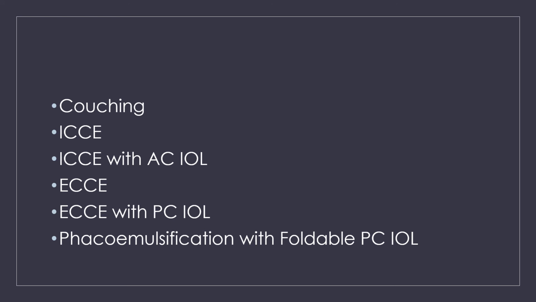In this, the nucleus is not removed from the eye, rather it is emulsified and aspirated from within the eye by a phacoprobe which uses ultrasound energy. And after evacuation of all the contents of the capsular bag, a foldable posterior chamber intraocular lens is implanted.